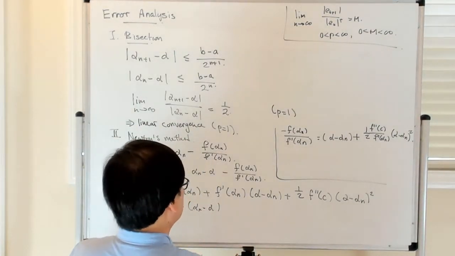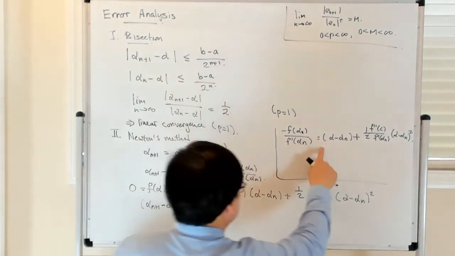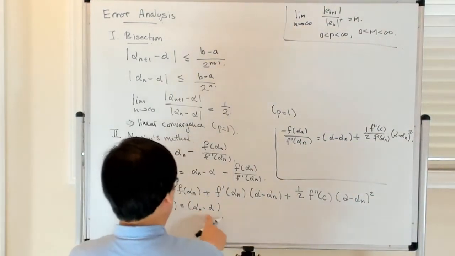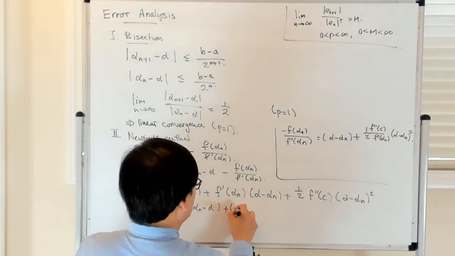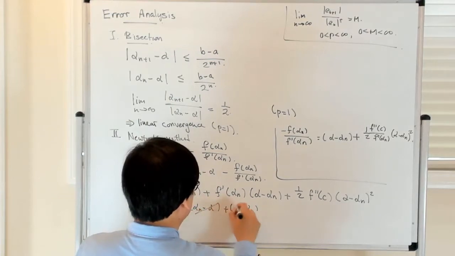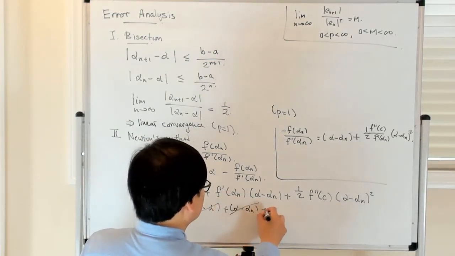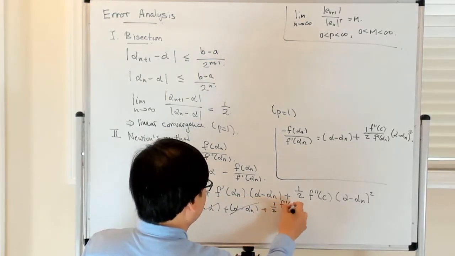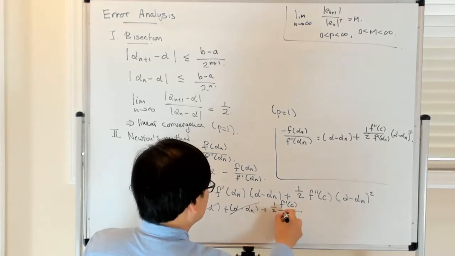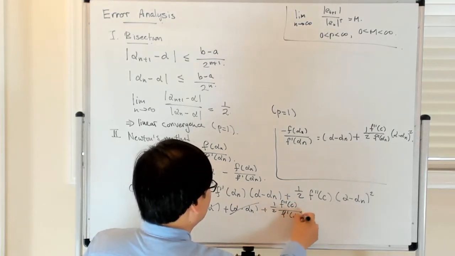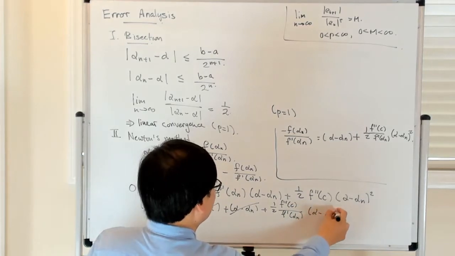Okay, so this term here is this term. So you have an alpha n minus alpha plus alpha minus alpha n. Those cancel out. And you're just left with 1/2 f double prime at some unknown point c over f prime alpha n, times alpha minus alpha n squared.